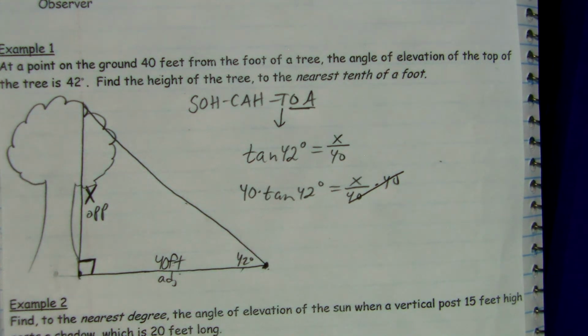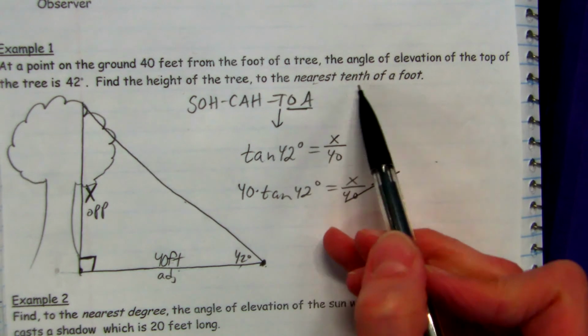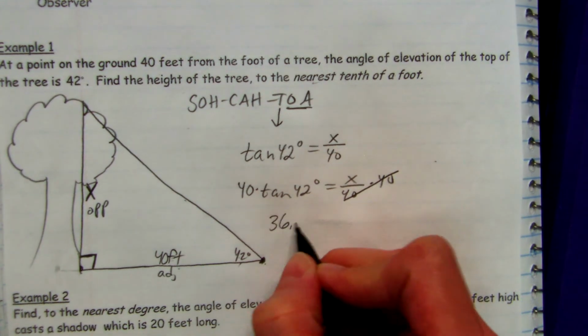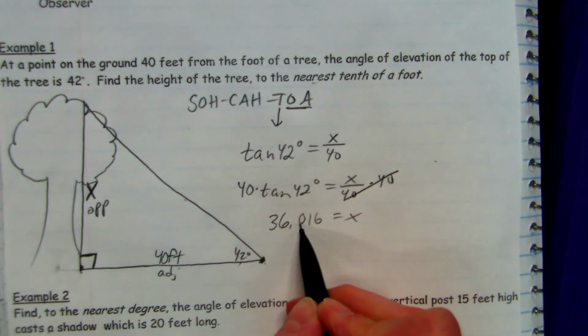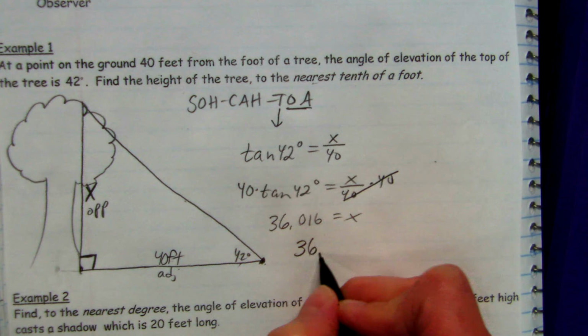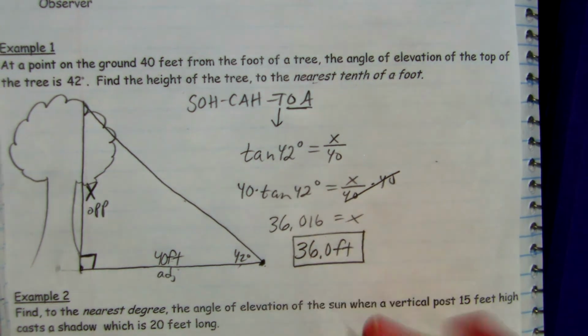So we're going to do 40 times tangent 42, and it wants us to round to the nearest tenth of a foot. So it comes out 36.016. Since it wants to the nearest tenth of a foot and the tenth is 0, it's not going to round up. We'll just say 36.0 feet. Or you could just do 36 feet, since to the nearest tenth would actually be 0.